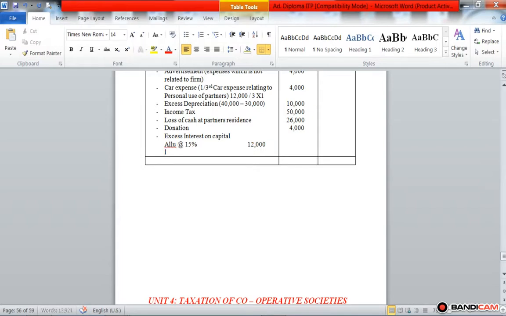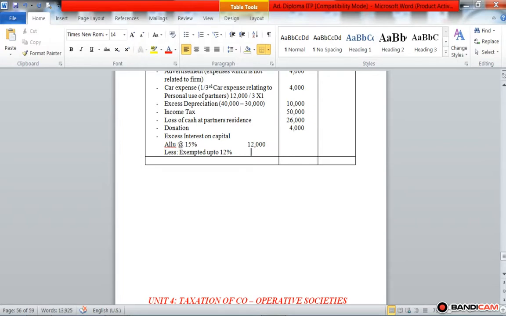Then less, exempted up to 12%. So 12,000 into 12 divided by 15, 9,600 is exempted. So deduct this 9,600 from 12,000.